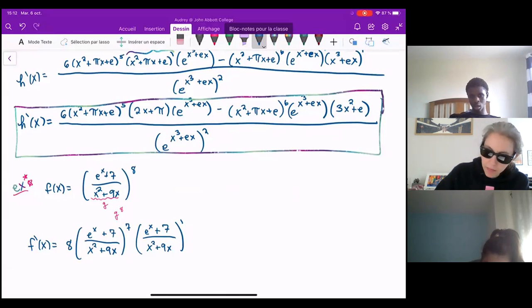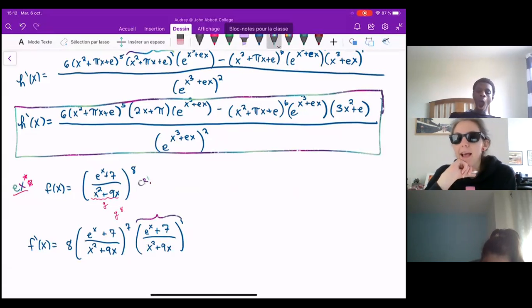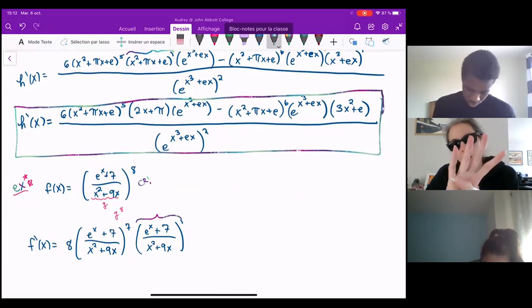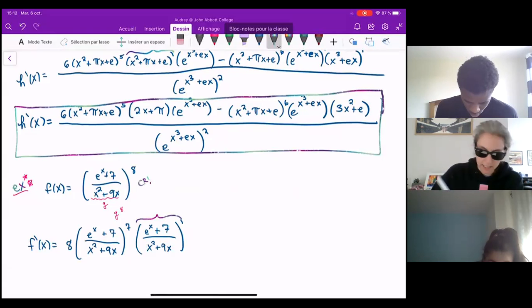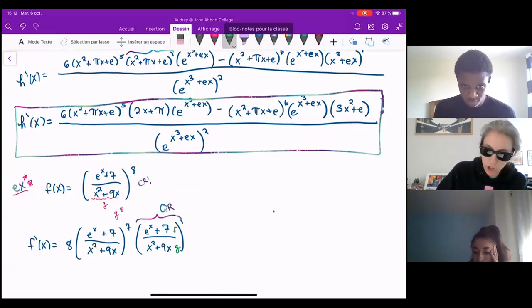And I have one thing prime, so one derivative I need to take. And I ask myself, do I need a product rule, a quotient rule, a chain rule, or none? You got it. This is going to be my quotient rule. So I'm going to apply my quotient rule to this. I have an F and I have a G. So I'm going to do 8.